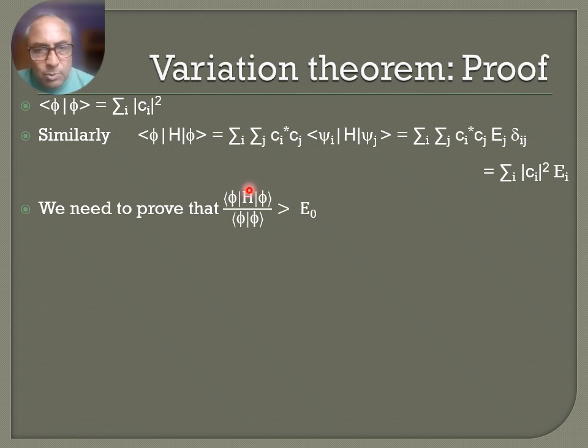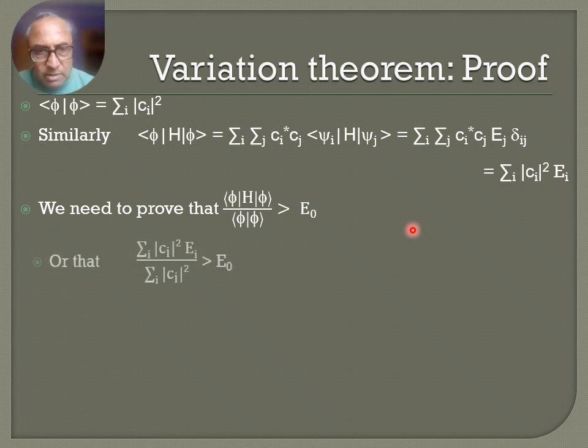Remember, we need to prove that bra phi H phi ket divided by bra phi phi ket is greater than E0, but the numerator is sigma i modulus of ci squared Ei and the denominator is sigma i modulus of ci squared.